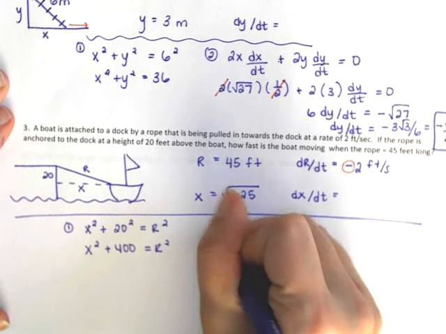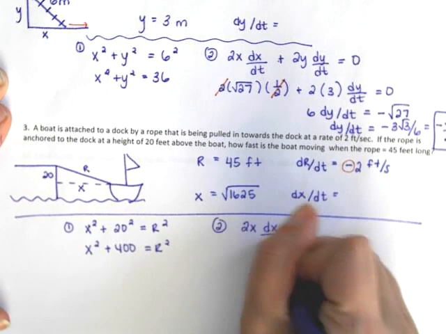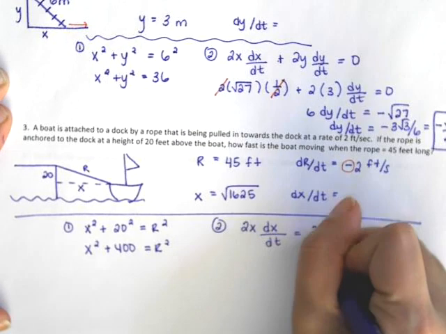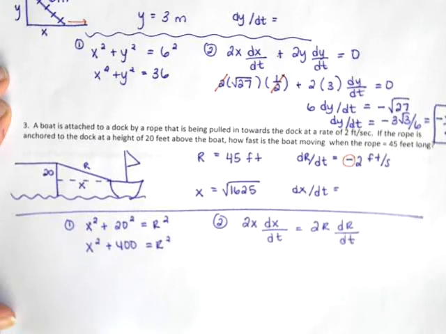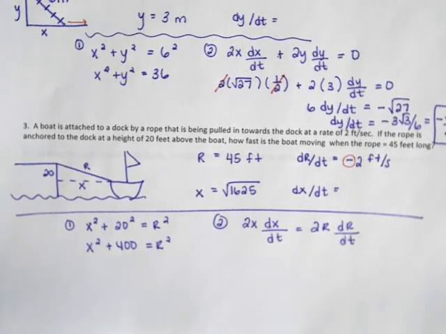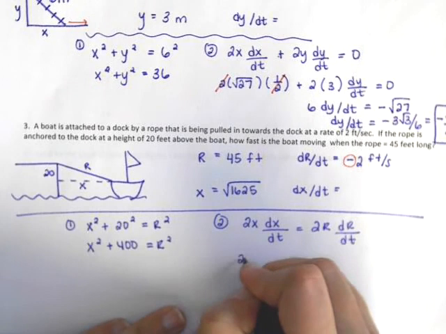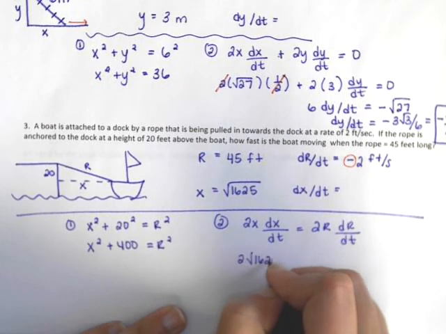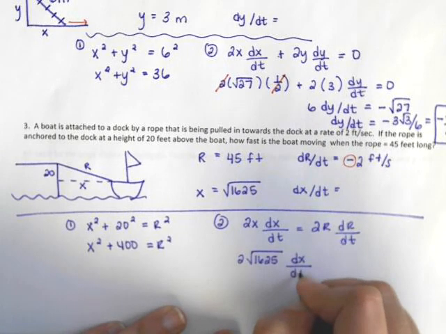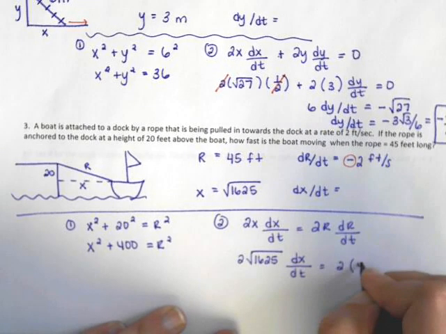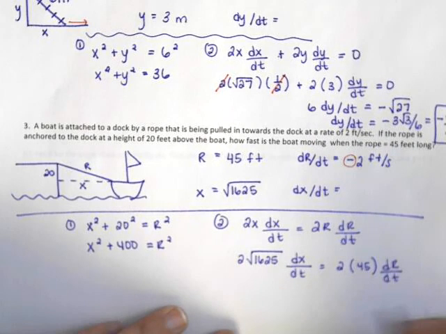Now I'm going to take the derivative. So 2x dx/dt equals 2r dr/dt, and I'm making sure I put the dx/dt and the dr/dt because those are changing with respect to time. Now I'm going to have 2 times the square root of 1625 dx/dt equals 2 times 45 dr/dt.